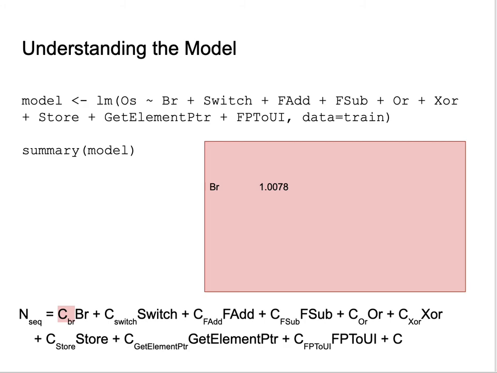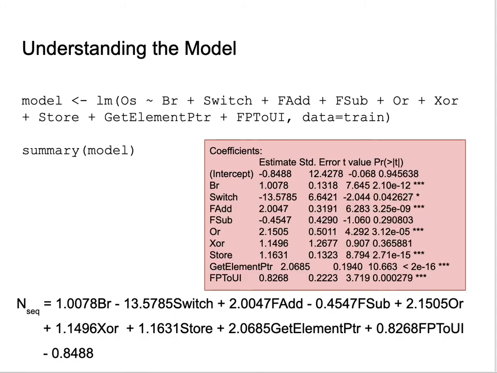For instance, the coefficient of the branch dimension of our model is 1.0078, and the intercept, the constant that's not the coefficient of any variable, is minus 0.8488. So basically, what our model does is to solve this equation for each program. See how the coefficients in the summary function match up in the original equation that we had.